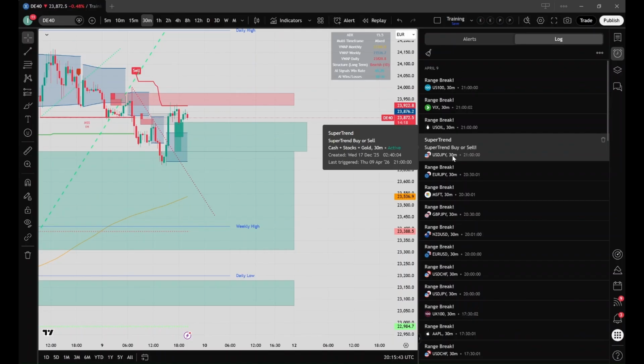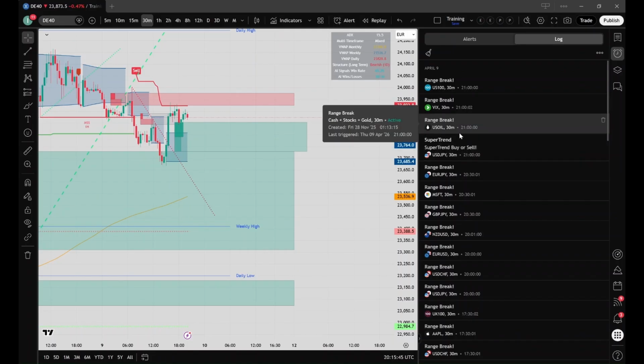But obviously you're sensible enough to know you don't take a trade at 9 p.m. market close when New York's just closed. And similarly, you don't take a trade at 5:30 a.m. UK time, or 11 p.m. Eastern, because that's roughly when the Asian session is losing its volume and momentum closer to those hours.